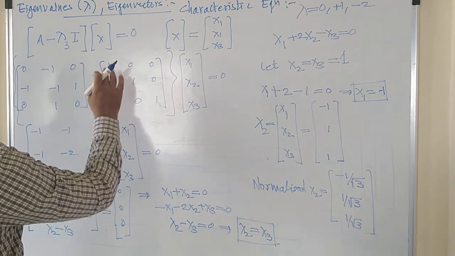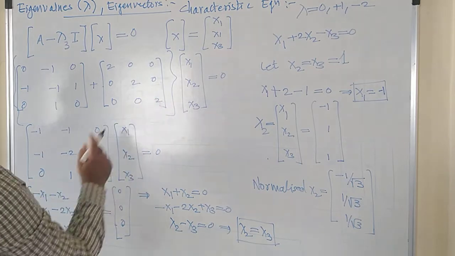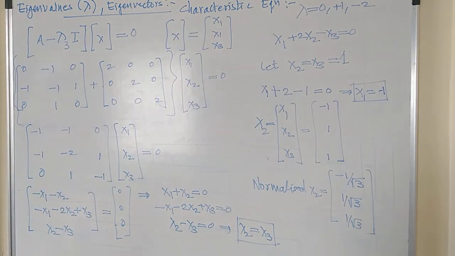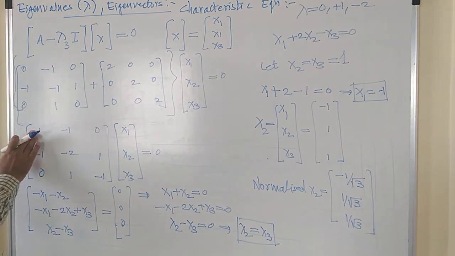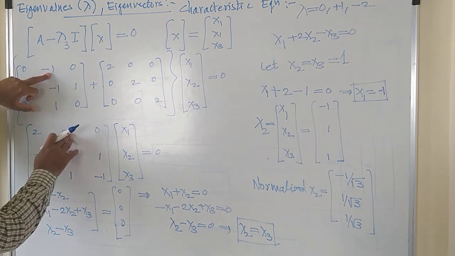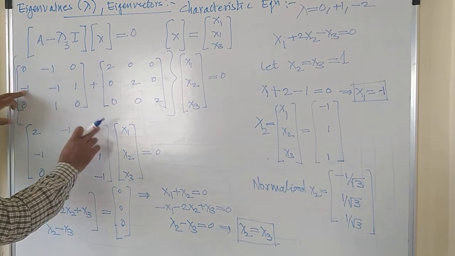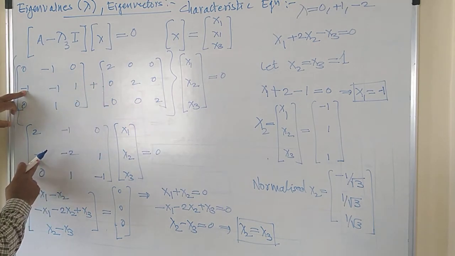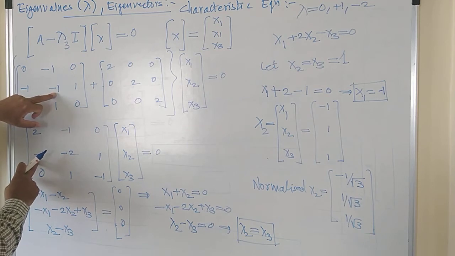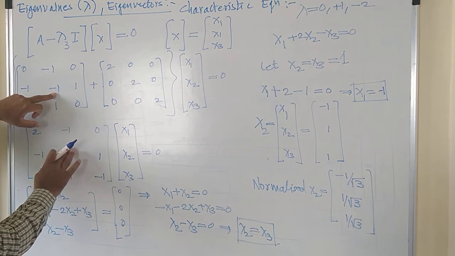Let me write here. Here you will get 2, 2 and 2, and after addition of these two you will get 0 plus 2. Here you will have a 2, and minus 1 plus 0, minus 1 only, and 0 plus 0, 0. Minus 1 plus 2, that means 1.